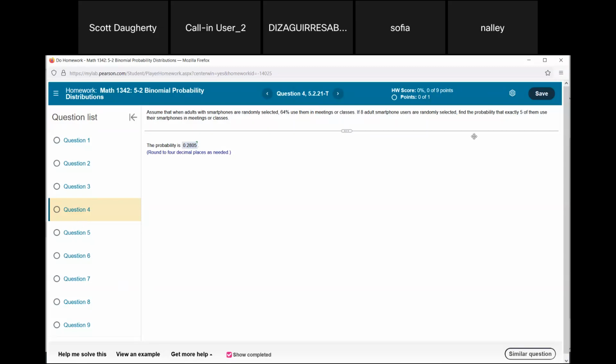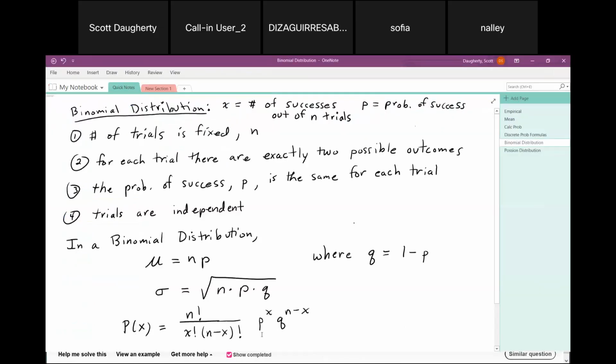Okay, so then we want to know the probability that when you pick these 8 people at random from the population, exactly 5 of them say they use their smartphones during classes or meetings. And that's where we get into this formula down here at the bottom. So first of all, the random variable in this case is the number of adults who use their smartphones during classes or meetings.